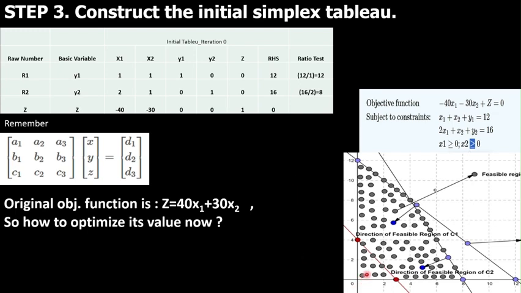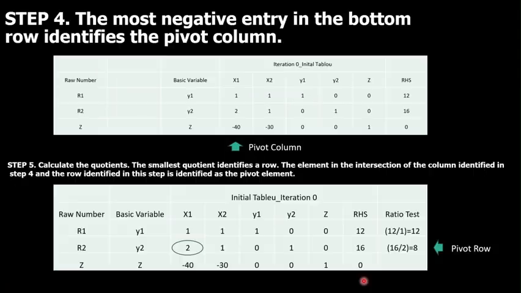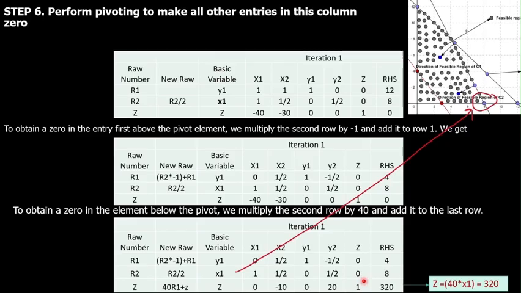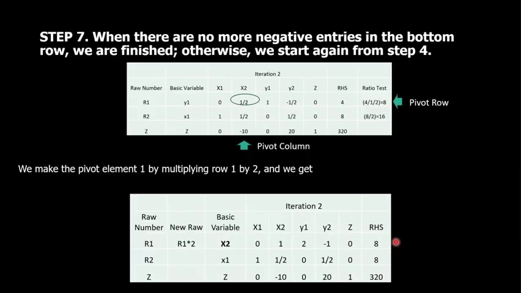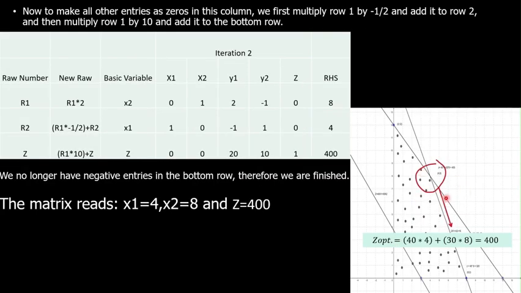By doing so, we moved from 0 and 0, the origin at the beginning, to the point 0 and 8. This was the solution here. And finally, we moved to the point 4 and 8. So the simplex method allows us to move the solution from the origin to one of the other corner points till we reach the optimal solution.